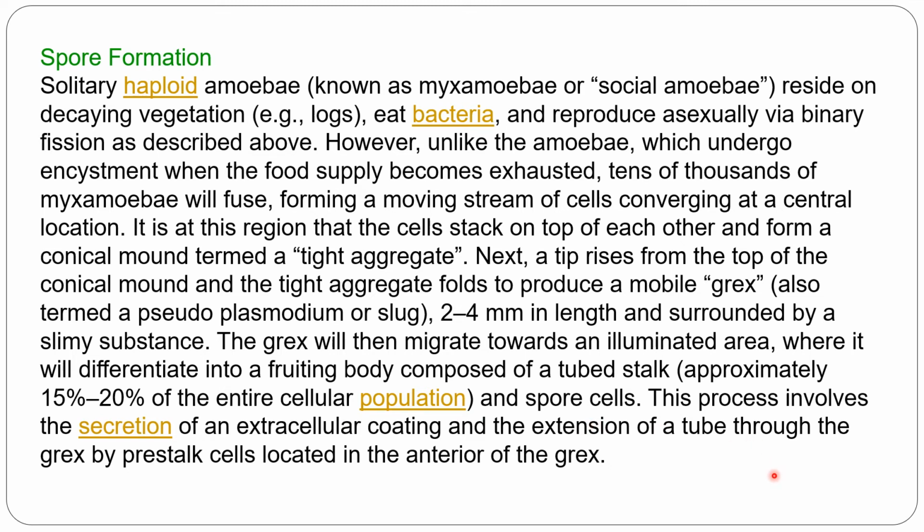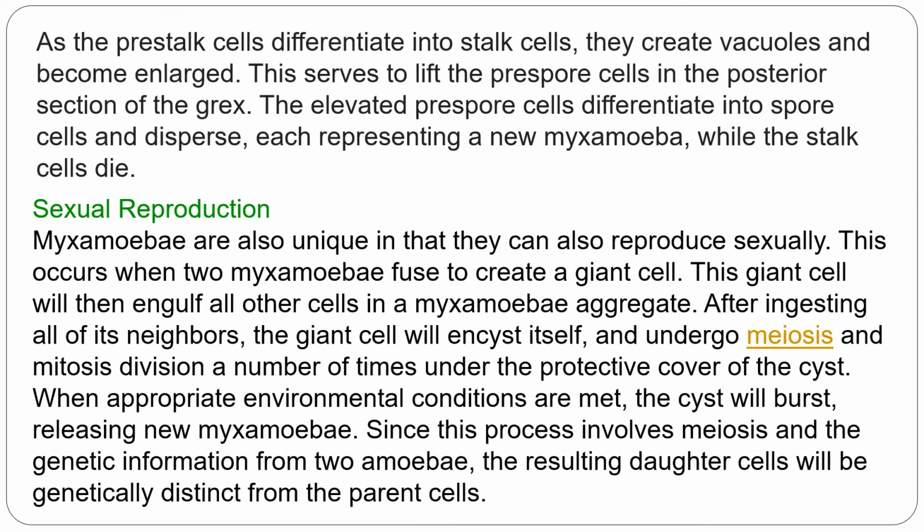This process involves the secretion of an extracellular coating and the extension of a tube through the grex by pre-stalk cells located in the anterior of the grex. As the pre-stalk cells differentiate into stalk cells, they create vacuoles and become enlarged.